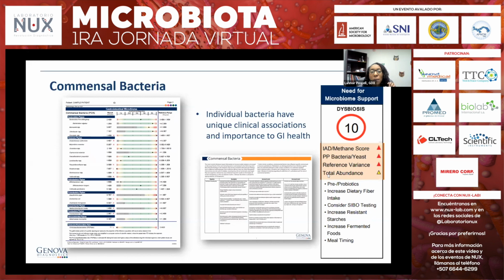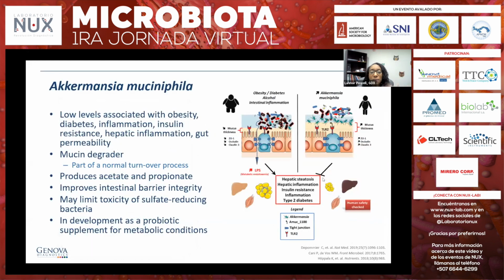But let me just highlight one bacteria that has been receiving a lot of popularity more recently, which is Akkermansia. This bacteria has been associated, when it's low, with obesity, diabetes, inflammation, insulin resistance, inflammation within the liver, gut permeability, or leaky gut.